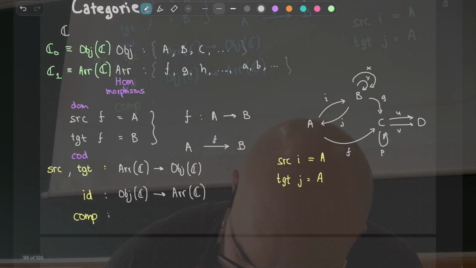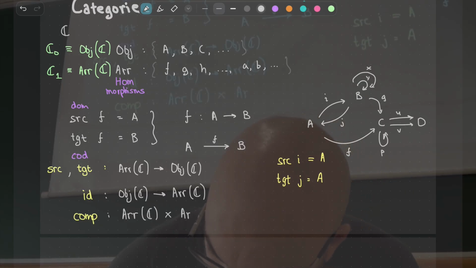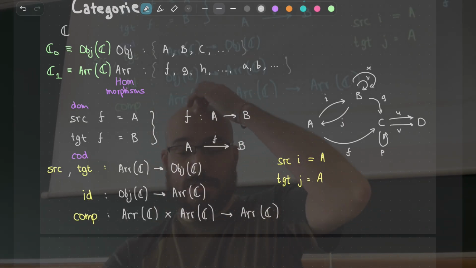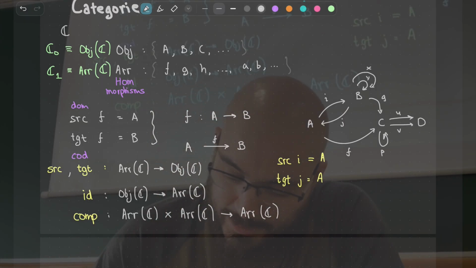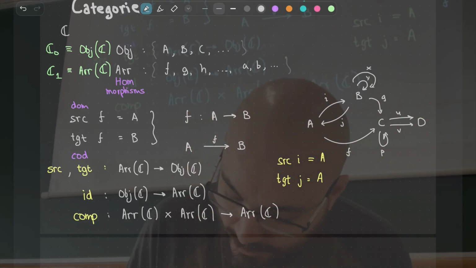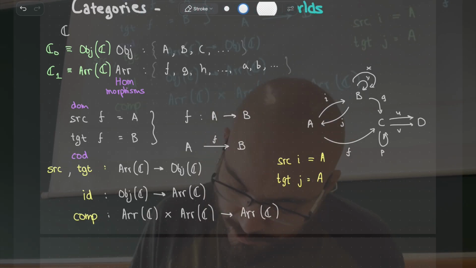The composition. If I'm coming more from a set theoretic mindset, I would like to write that you give me two arrows, and I will give back an arrow. This way of writing might satisfy a set theorist, or someone more of a Python programmer.